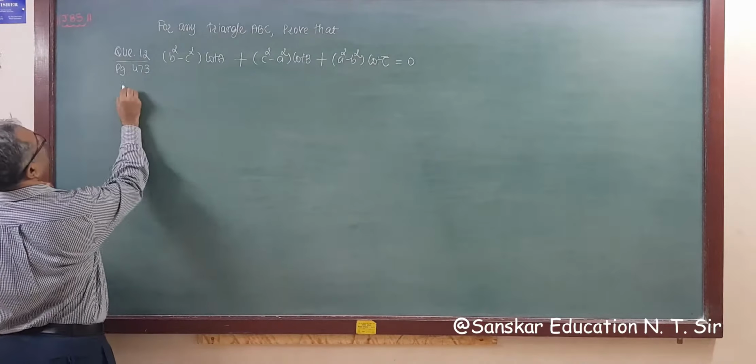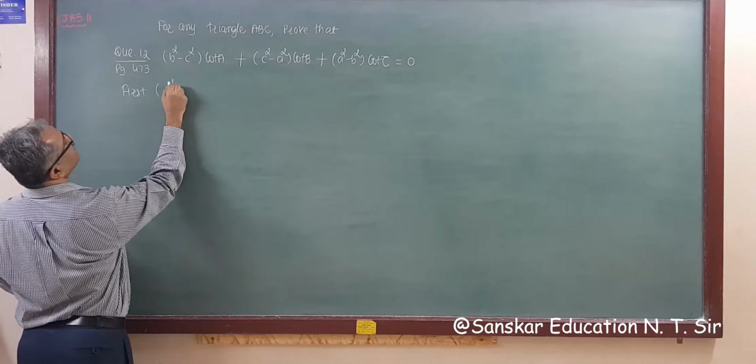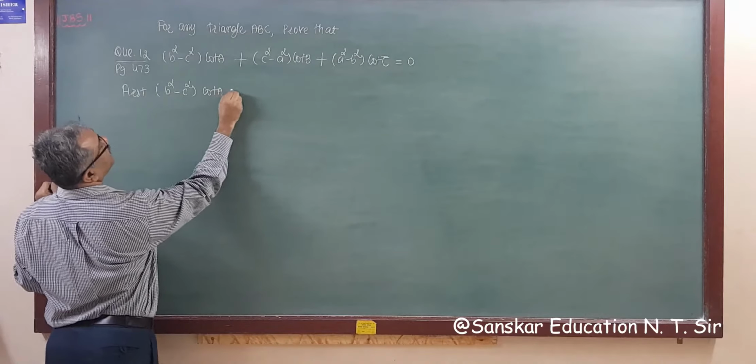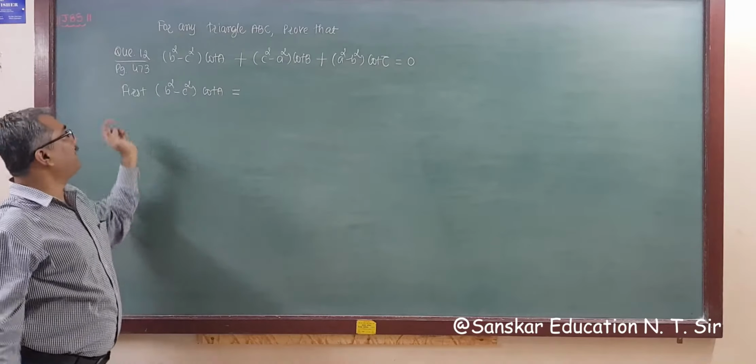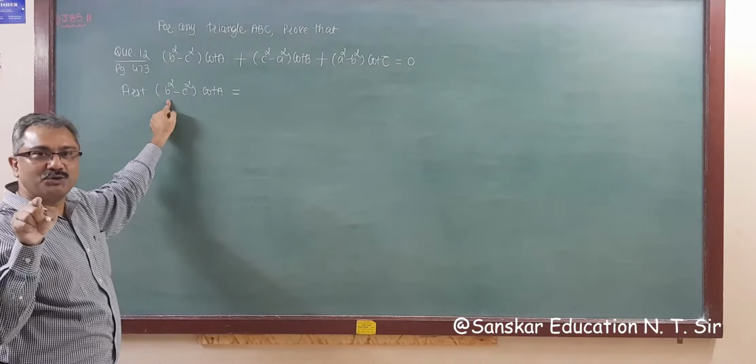So first, this is b square minus c square into cot A. Applying the sine formula, small b is equal to k sine capital B, that you know, right?